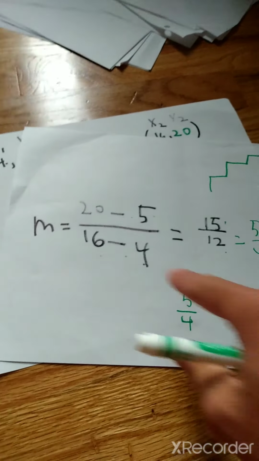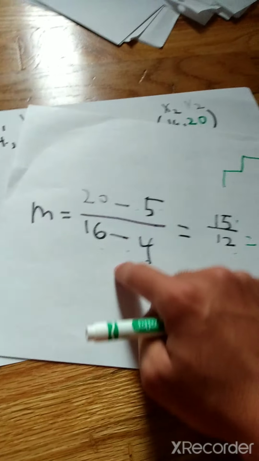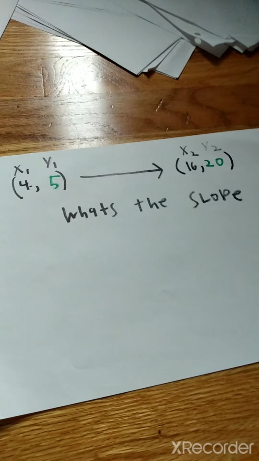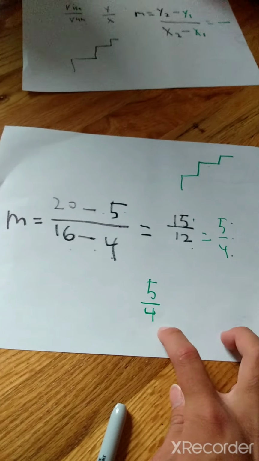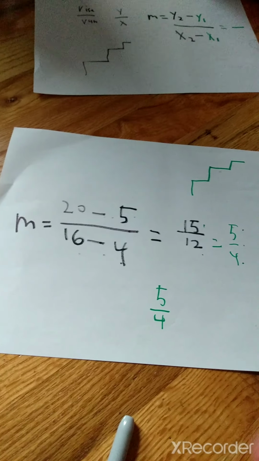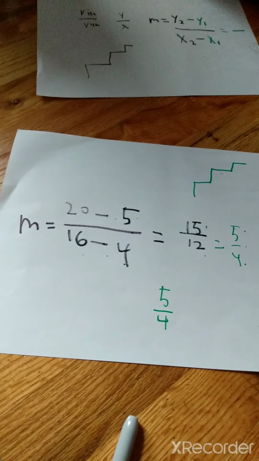What we just did is find the differences between the two points. With the slope 5 over 4, we're going to show what that slope looks like on the graph. It looks like this.